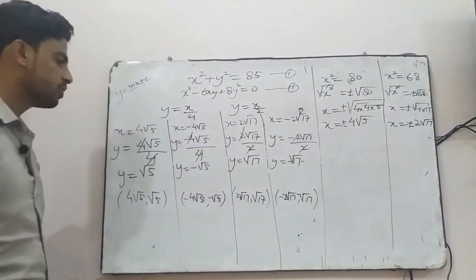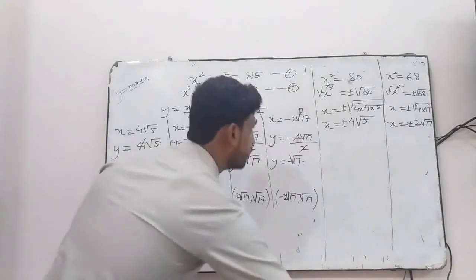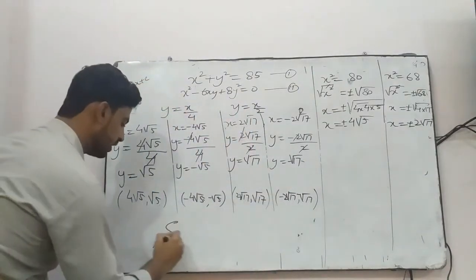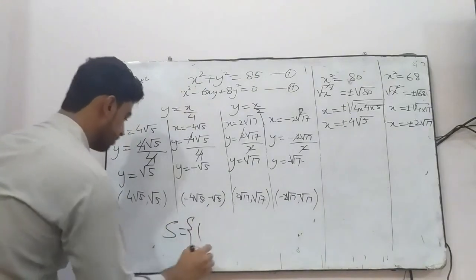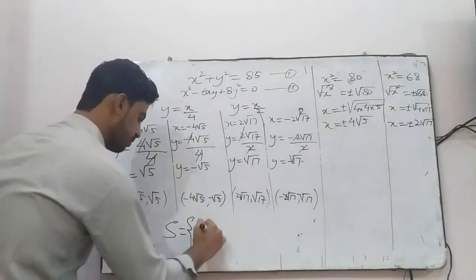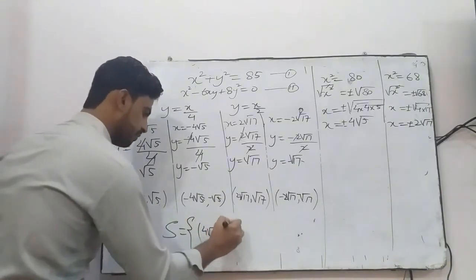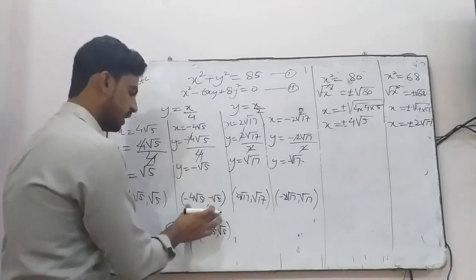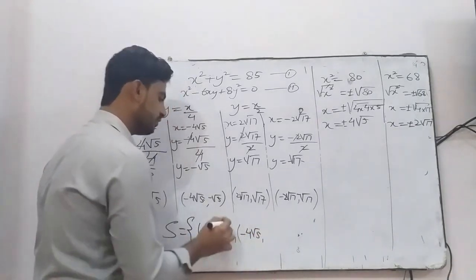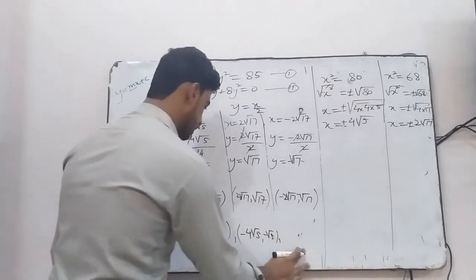So to write this solution set, we have got 4 certain solutions for this system of equations which we are supposed to solve. So the solution set is: first, 4√5 and √5. Another solution is negative 4√5 and negative √5.